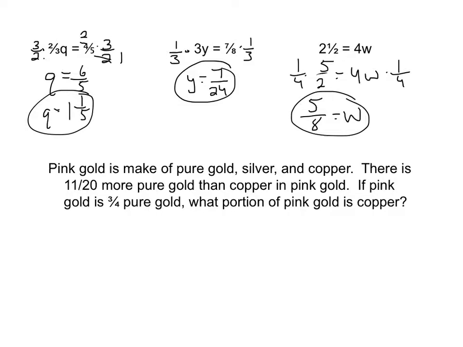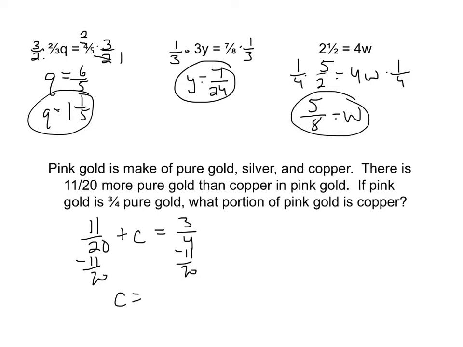Alright, pink gold is made of pure gold, silver, and copper. There's 11/20 more pure gold than copper. So if we have 11/20 plus copper is equal to our pure gold, and if pink gold is 3/4 pure gold, right, then we're going to go ahead and subtract 11/20 from both sides.